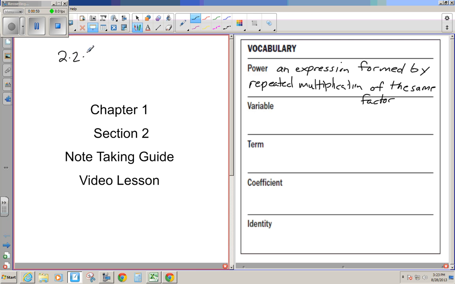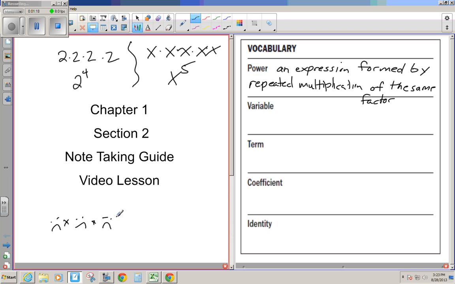2 times 2 times 2 times 2. That's 2 to the fourth. X times x times x times x times x. That's x to the fifth. Sad face times sad face times sad face equals sad face to the third.